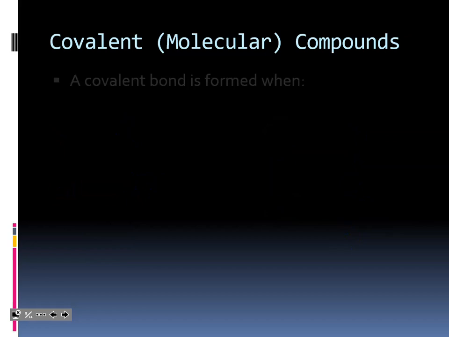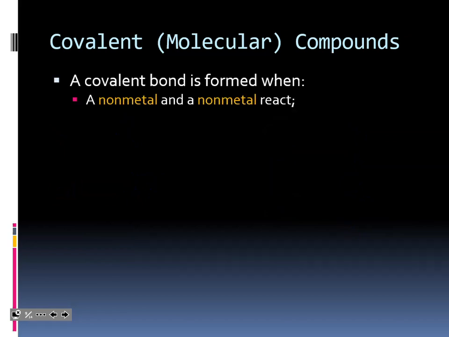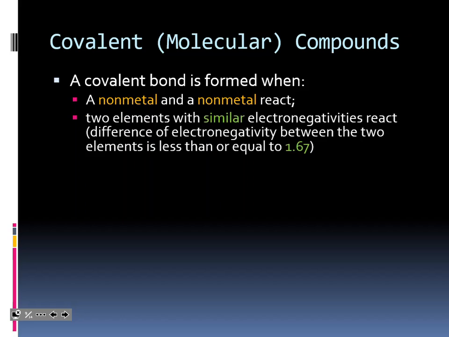All right, covalent or molecular compounds. They're formed between nonmetals and nonmetals, and as he stated in the video, sometimes it can be a nonmetal with a metalloid. They will share electrons with nonmetals and form covalent or molecular compounds. 2 elements with similar electronegativities where the difference is equal to or less than the 1.67 value.